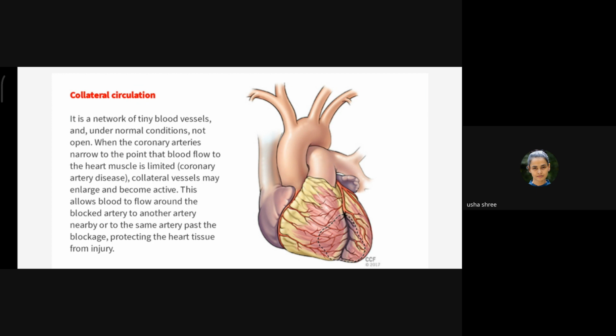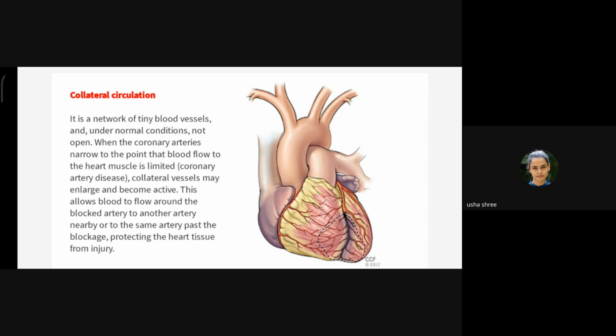Means it becomes active in an abnormal condition. When the heart is not getting sufficient blood from the coronary artery, the collateral circulation is activated by the body.